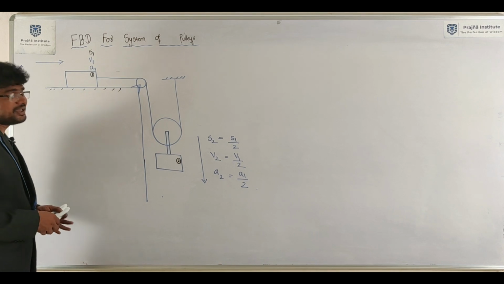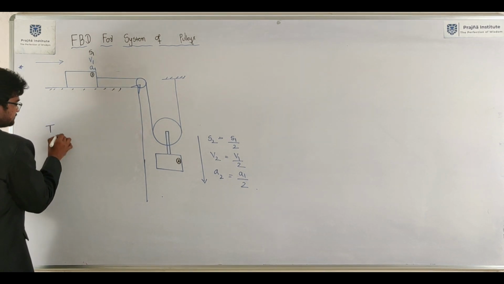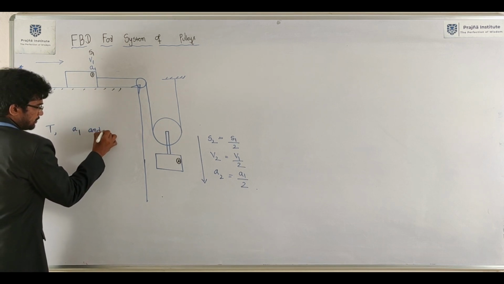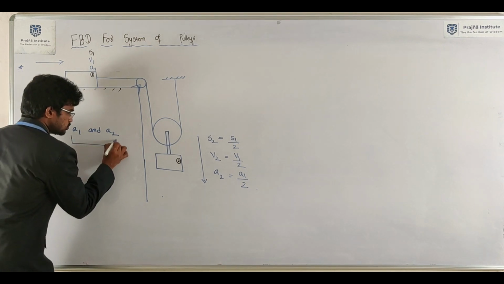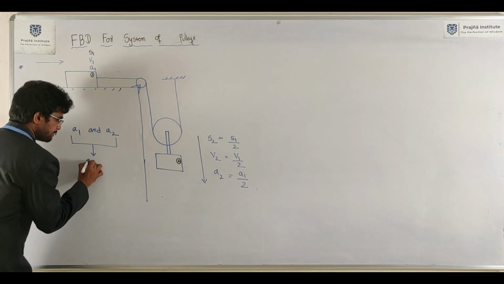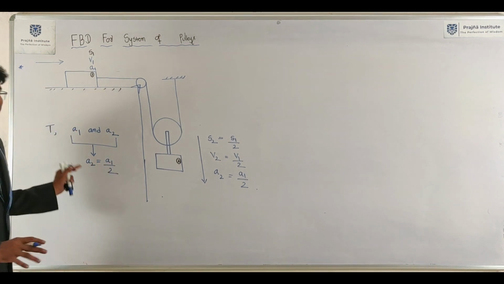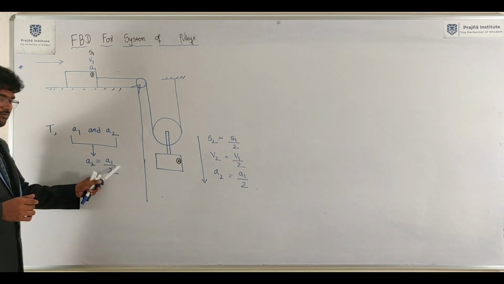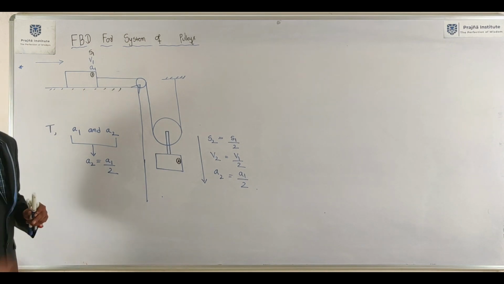Here, how many unknowns? Tension T, acceleration A1, and acceleration A2. These two are related: A2 is equal to A1 by 2. The number of independent values is either A1 or A2, so total unknowns are 2 only.